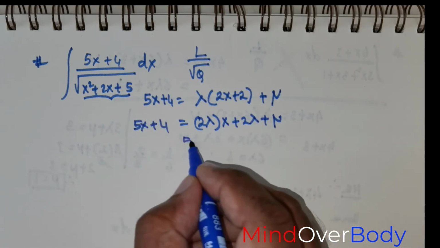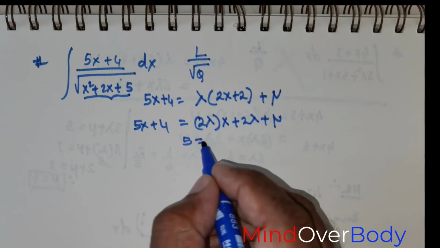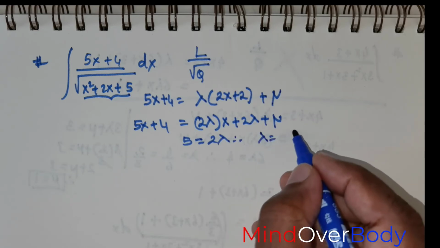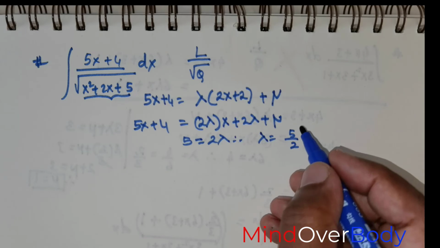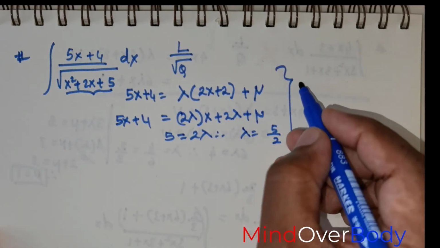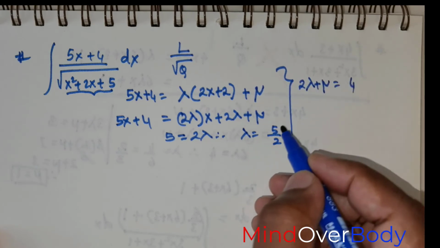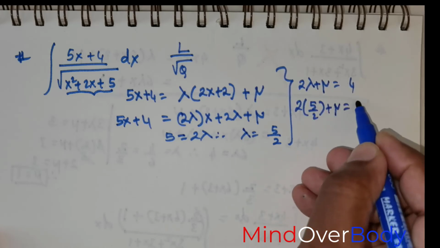Equating both sides for the coefficient of x, I get 5 is equal to 2 times lambda, therefore lambda is equal to 5 over 2. Equating the constants, we have 2 times lambda plus mu is equal to 4. So 2 times 5 over 2 plus mu is equal to 4.